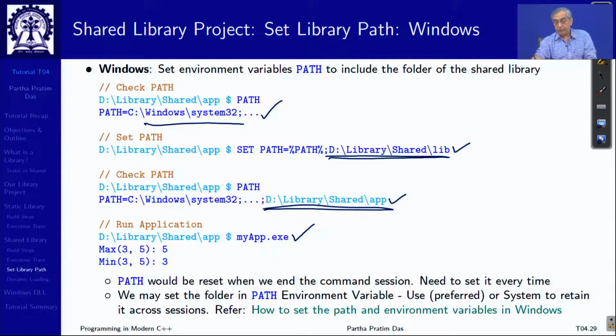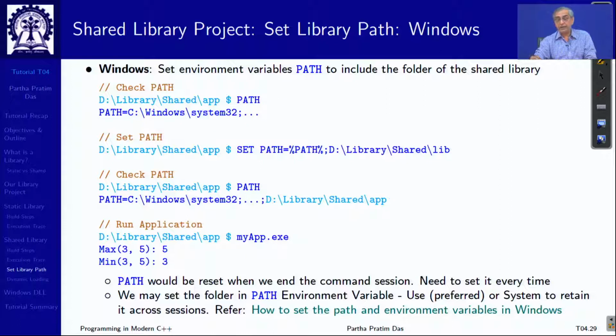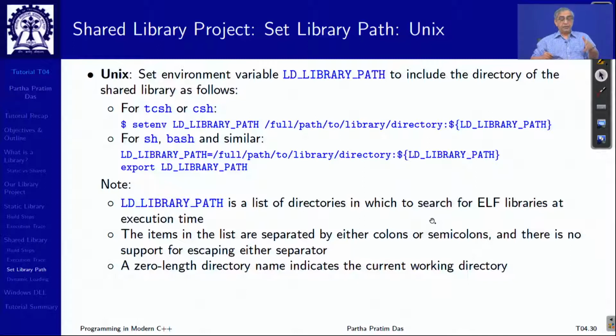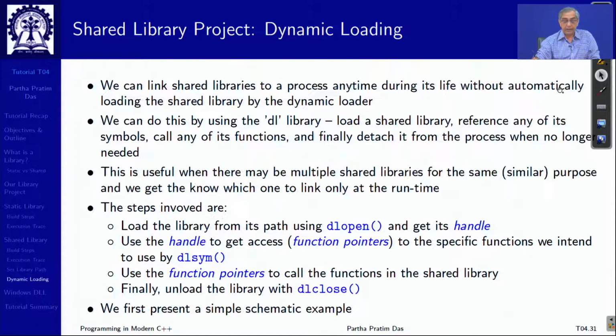This will work fine, but the only catch is that this is for the particular session of your command prompt. So, you come to the next session, this disappears. If you want them to be persistent, you will have to go and edit the path variables, and there are different ways you can edit that in Unix as well as in Windows.